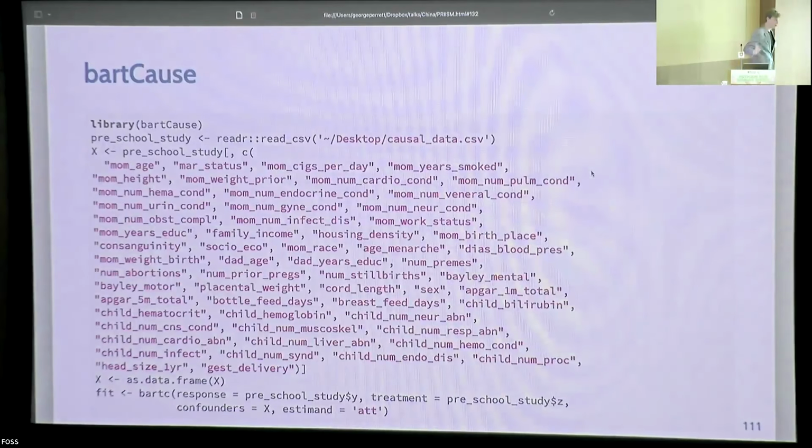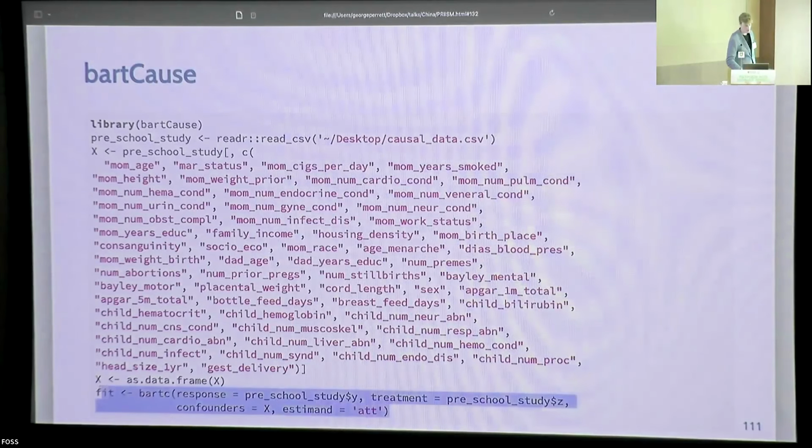So if you wanted to fit a bartCause model, you would have to do something like this. You would have to know how to read in data in R, including knowing how file paths work. You would have to know how to index a data set, how to pick all 58 covariates, and you would want to include all of them. You'd need to know how to make it a data frame in the right way, and you'd have to know how to fit this bartCause call at the end.